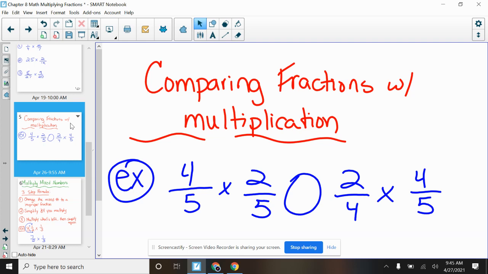Number 11, 1/2. Number 13, 2/3. Number 15, 3/5. Number 17, 1/3. And number 19, 7/33.